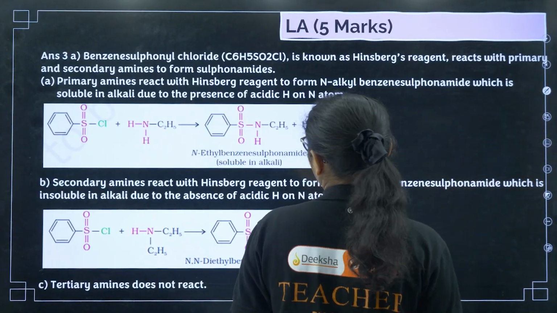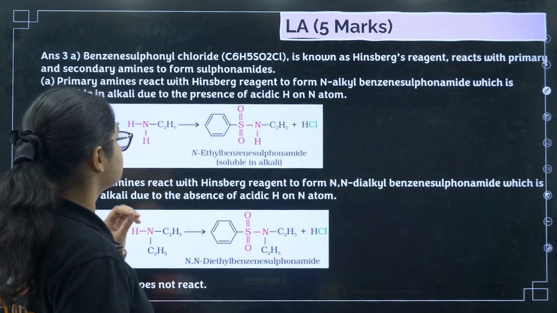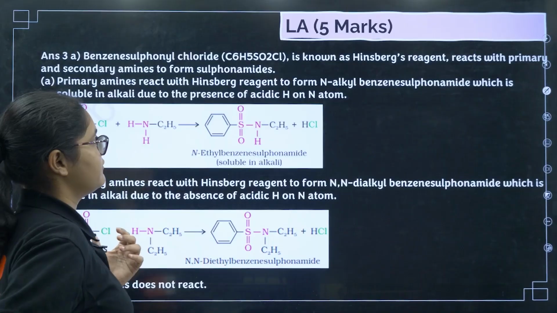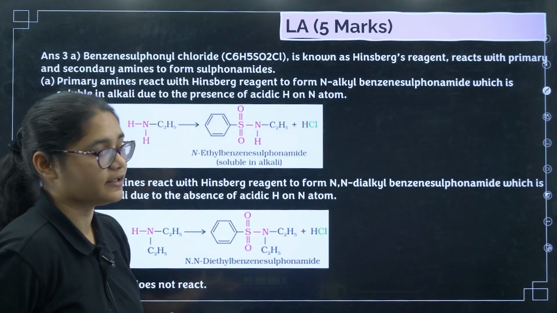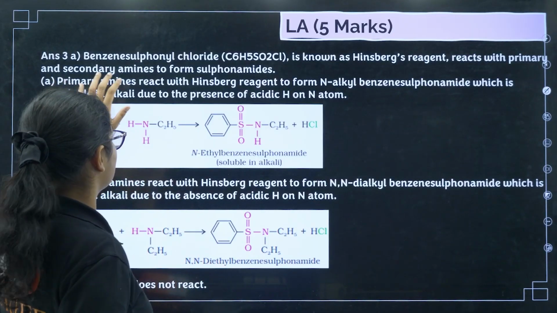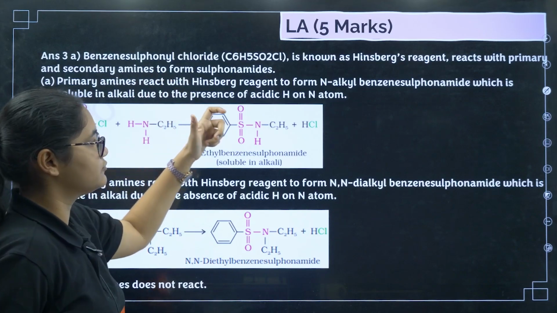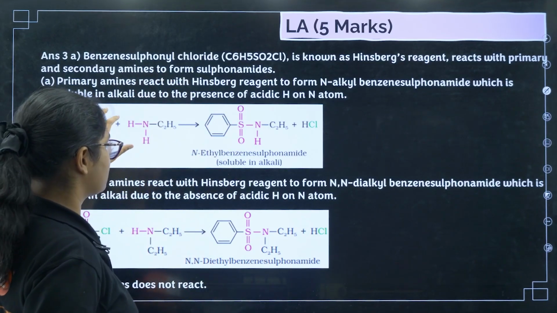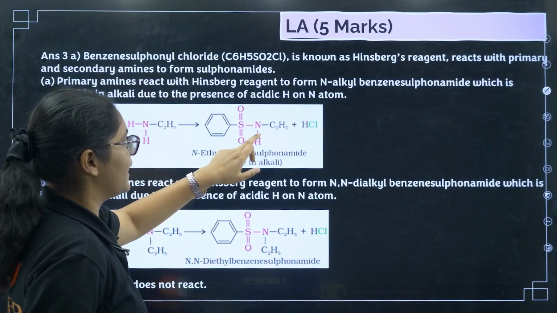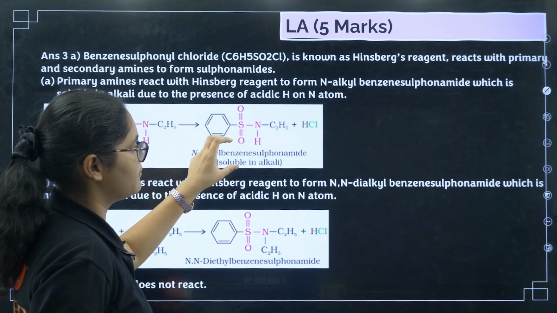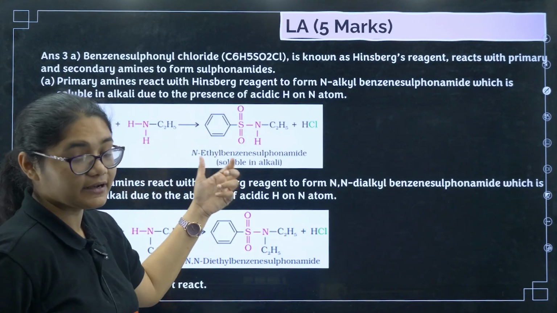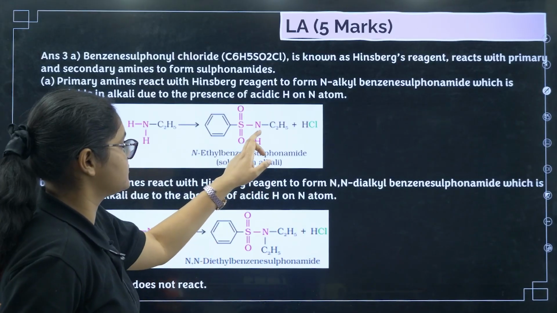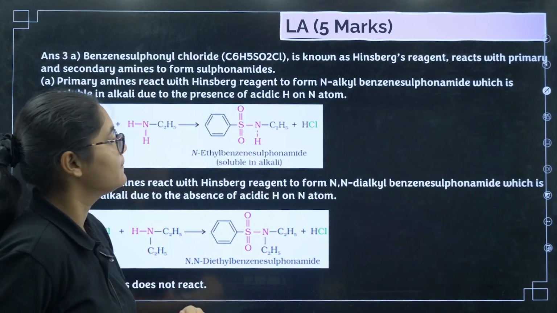Hinsberg reagent. Okay, so you can see here that benzene sulfonyl chloride, C6H5SO2Cl, is known as Hinsberg reagent, and it is treated with primary and secondary amines to form sulfonamides. Now what happens is, when primary amines react with Hinsberg reagent to form N-alkyl benzene sulfonamide, it is soluble in alkali due to the presence of this acidic hydrogen. Okay.